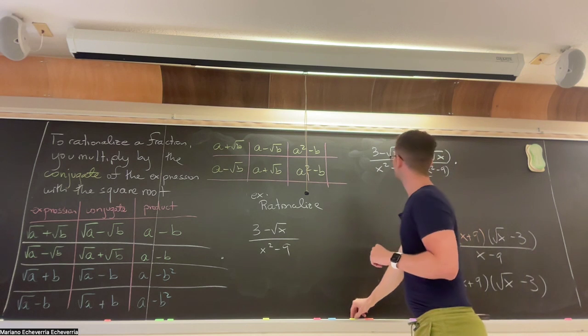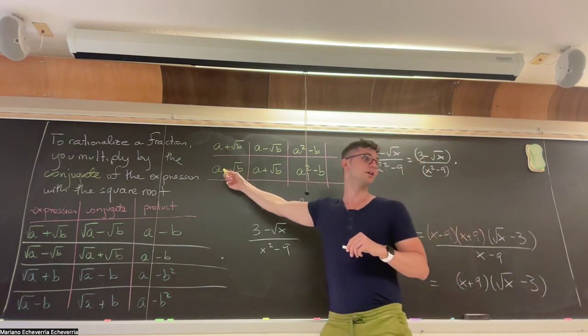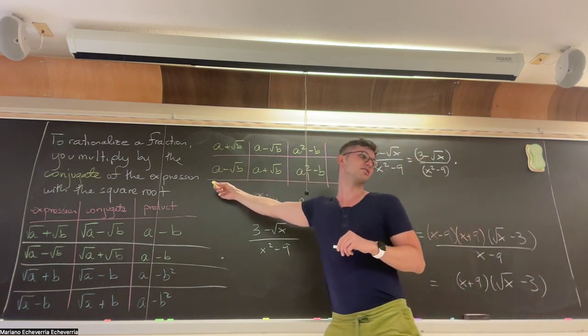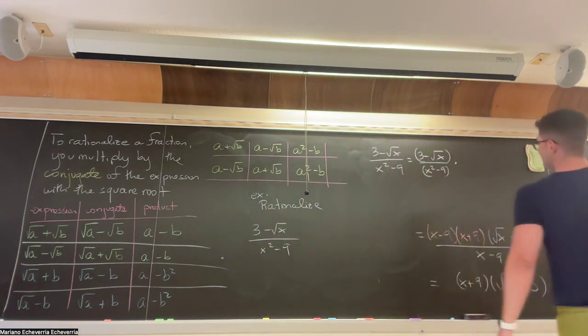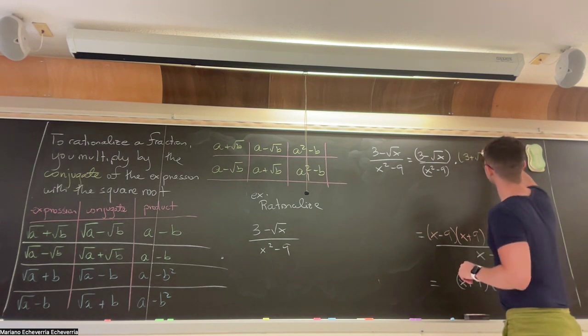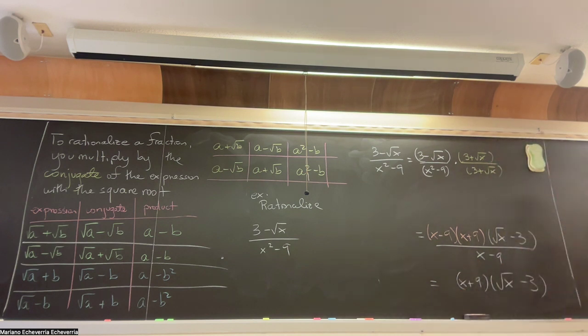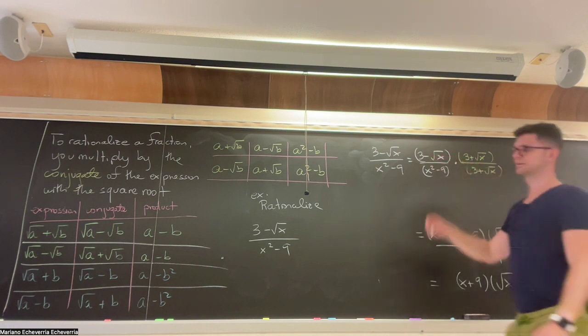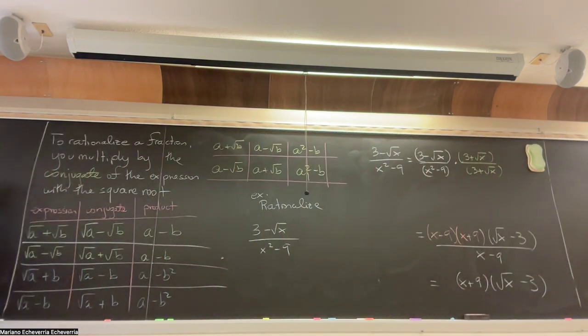This version is the last row on the table. I'll use yellow. So it's 3 root of x over 3 square root of x. Again, the conjugate just flips the sign from minus to plus in this case, because there was a minus in the original expression.